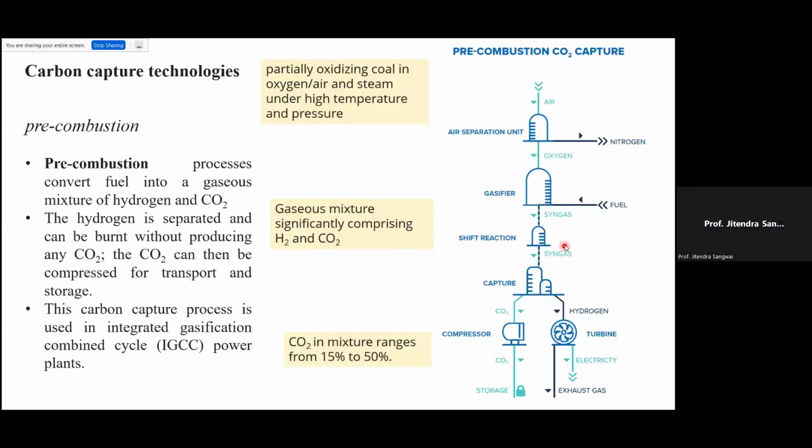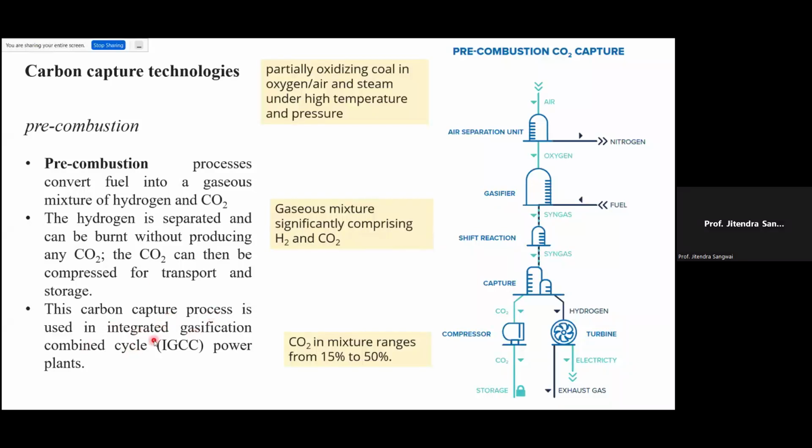When you have this CO2 rich fluid, you can capture that CO2 reasonably easily, because here the concentration of CO2 is reasonably more than in a typical post combustion power plant. And then it becomes easy to capture that carbon dioxide and store it, and then use that hydrogen to generate electricity, right?